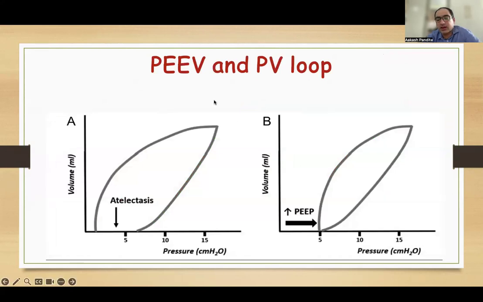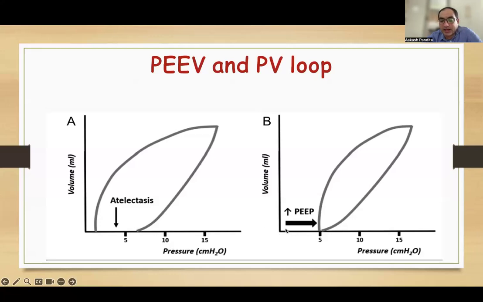Now, the PV loop is also important to know whether my lungs are opened up or not. As you can see on the left, I am giving a pressure of 6 without opening the lung or gaining any volume. That tells me that there is atelectasis, the lungs are not opened up.